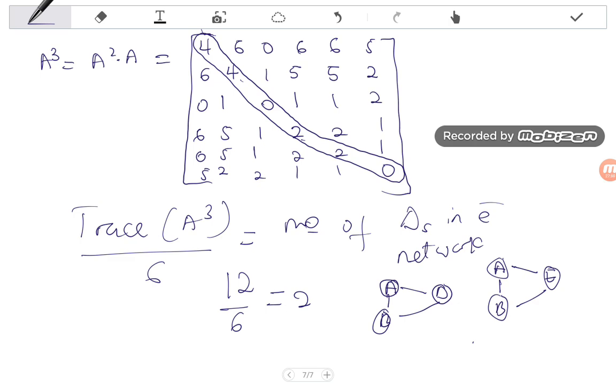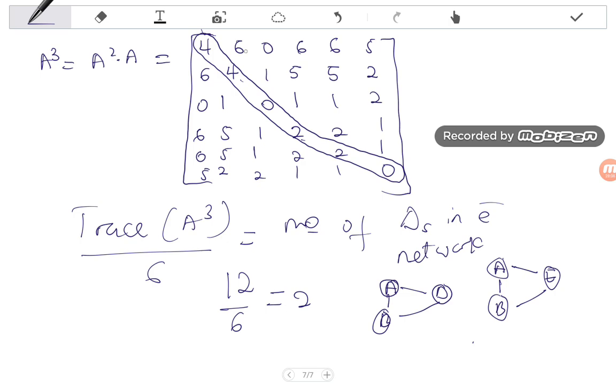Right. So that is what the cube of the adjacency matrix tells us. It tells us the number of walks or paths of length 3 that exist between a node and itself. That is the diagonal.